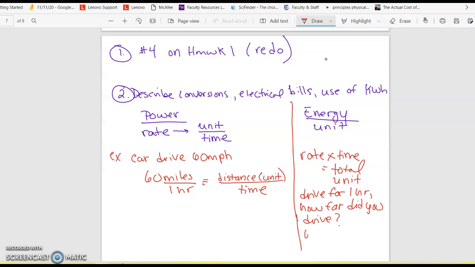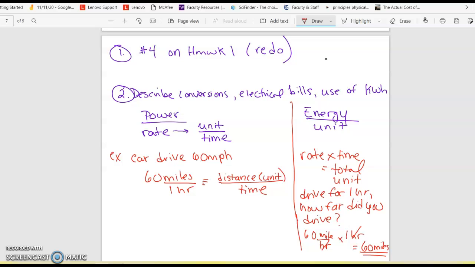Well, you would say, if I drive 60 miles per 1 hour, and you multiply it by that time, 1 hour, these cancel, and in the end you can say, oh, I drove 60 miles. So in 1 hour I drove 60 miles. That's our total unit. That's often what you want to know.